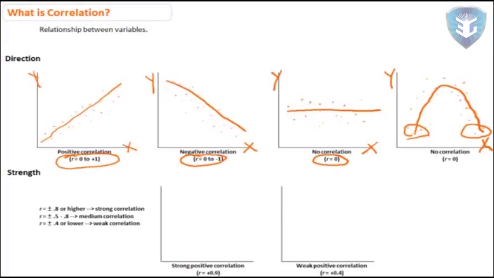Now we can have this for any of the types of correlations, positive or negative, that we were talking about before. For example, a strong positive correlation would fit a straight line, or would be very close to that straight line.